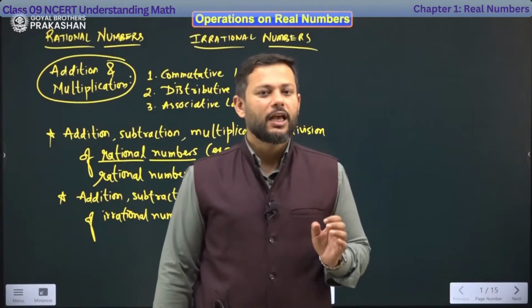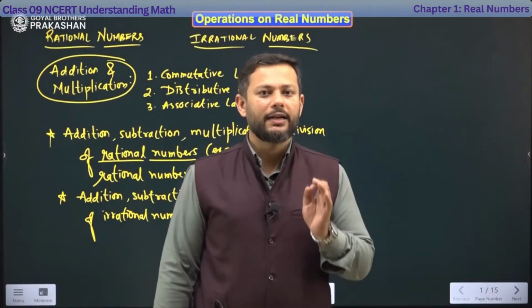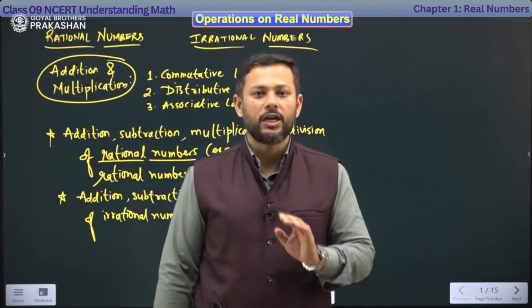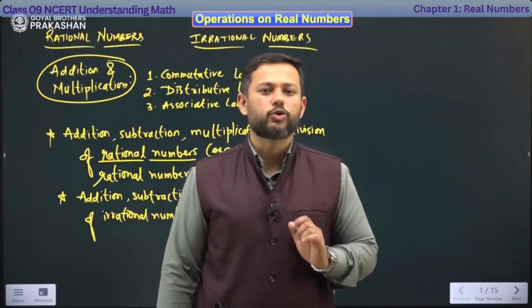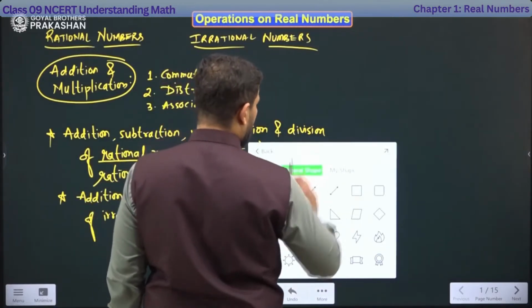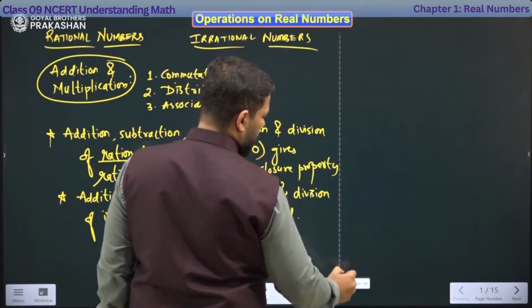In this case, if you multiply, add, divide or subtract one rational with another irrational, the result is always going to be an irrational number. We will write it properly. Let us put the division first of all.